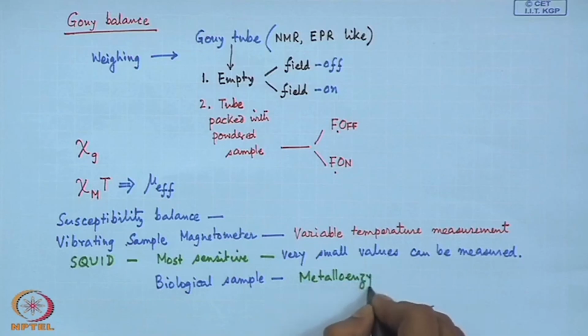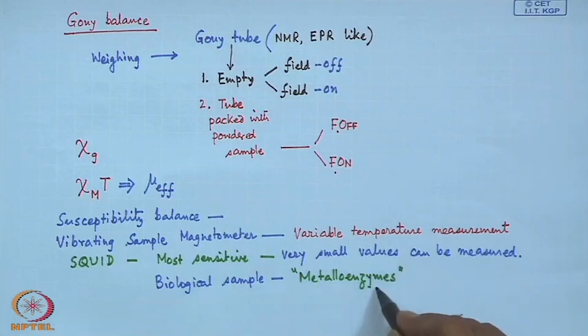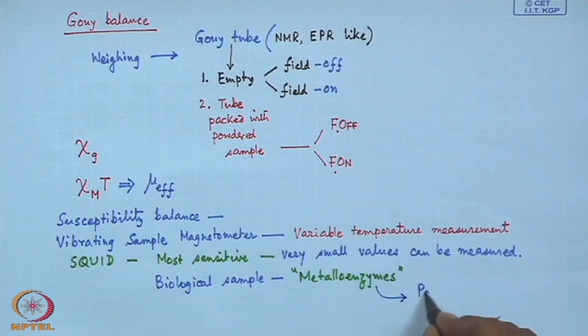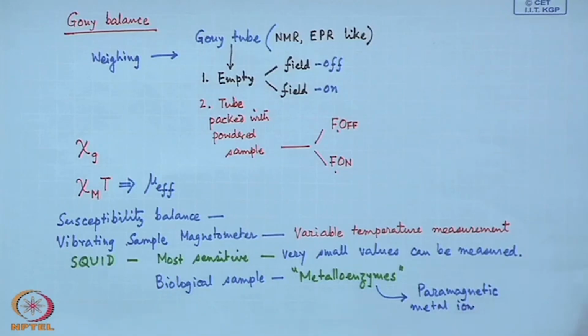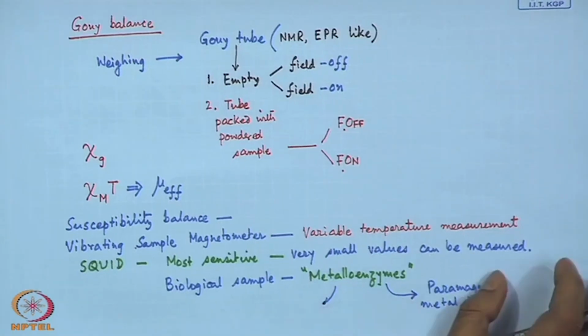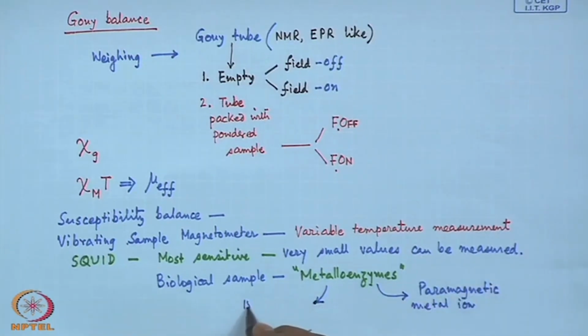Certain of these metalloenzymes can have at the center a paramagnetic metal ion, and that can show its corresponding magnetism. So, how to detect that paramagnetism, because these metalloenzymes have a molecular weight of several thousand, say 15,000. So, several kilodalton molecular weight it can have.